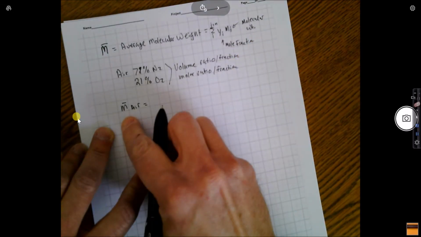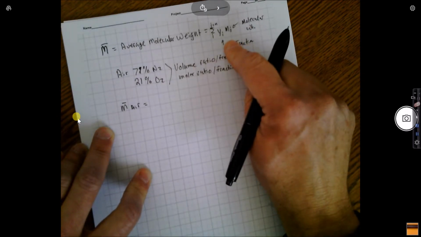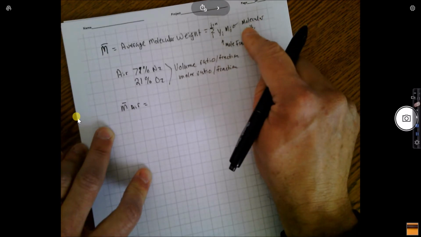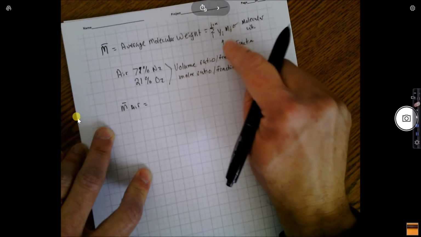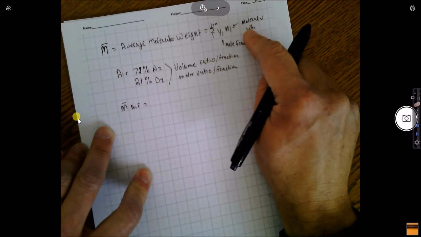So the average molecular weight of air is the summation of the mole fraction of nitrogen in air times the molecular weight of diatomic nitrogen, plus the mole fraction of oxygen in air times the molecular weight of the diatomic oxygen in the air.